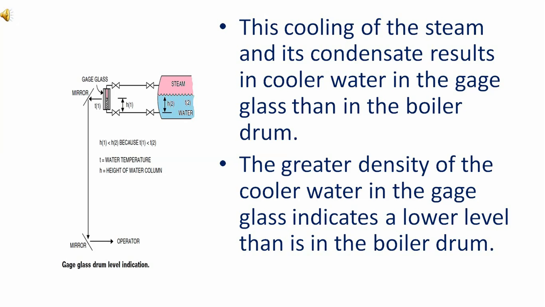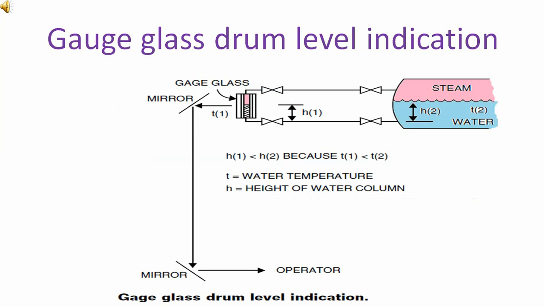This cooling of the steam and its condensate results in cooler water in the gauge glass than in the boiler drum. The greater density of the cooler water in the gauge glass indicates a lower level than is in the boiler drum. Here we can see that H1 is less than H2 because T1 is less than T2. T is the water temperature, H is the height of water column.